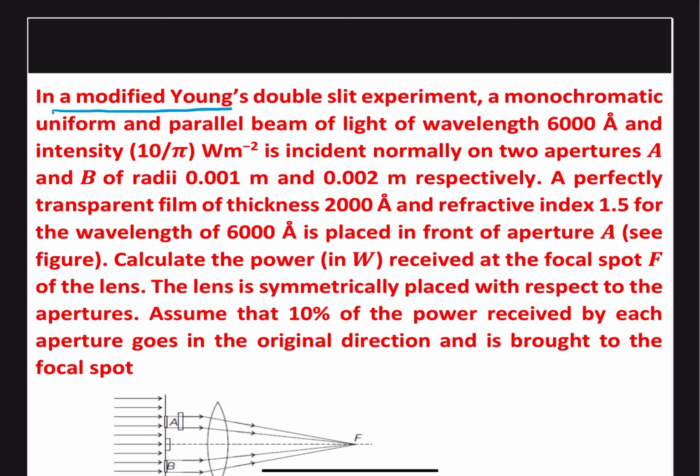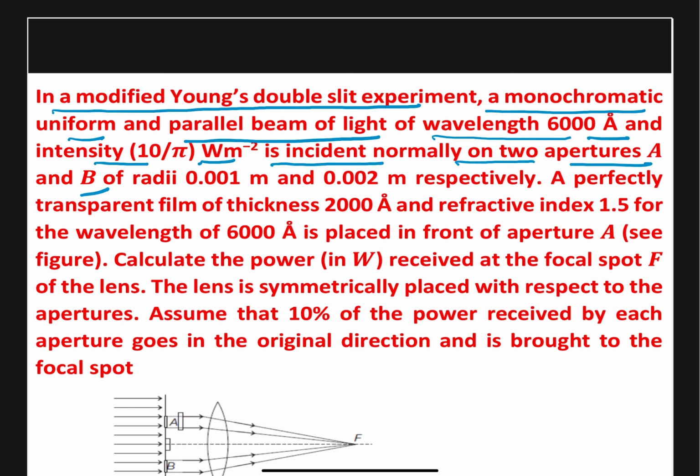In a modified Young's double slit experiment, a monochromatic uniform and parallel beam of light of wavelength 6000 angstrom and intensity 10 by pi Weber per meter square is incident normally on two apertures A and B of radii 0.001 meters and 0.002 meters respectively.